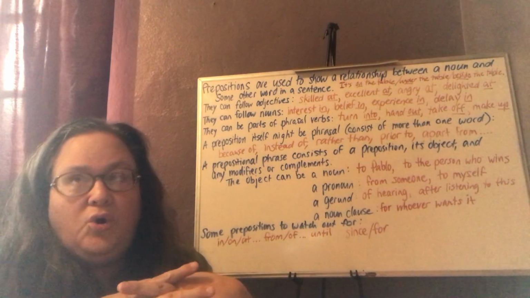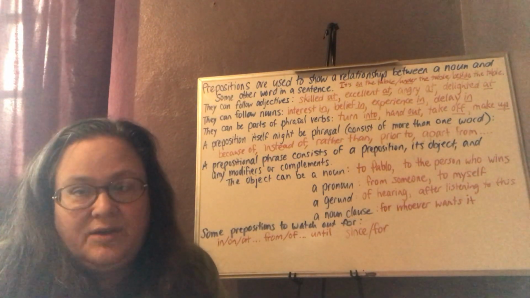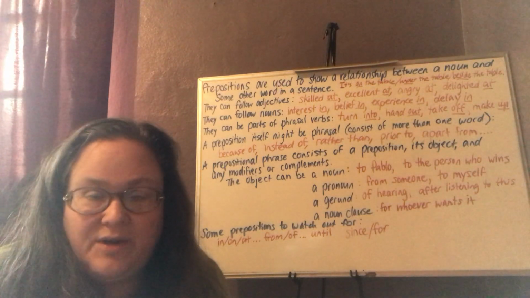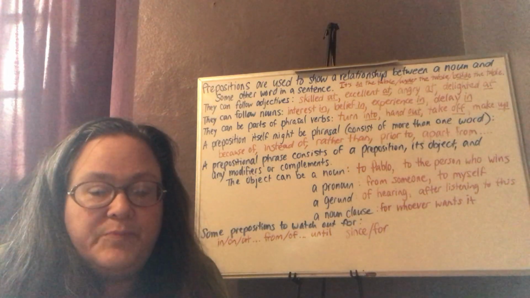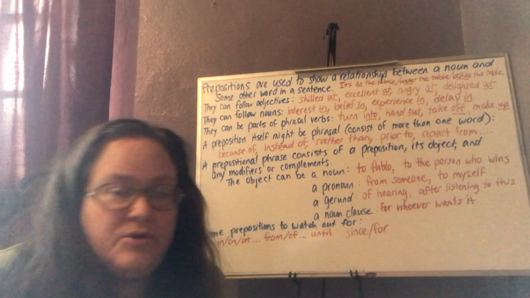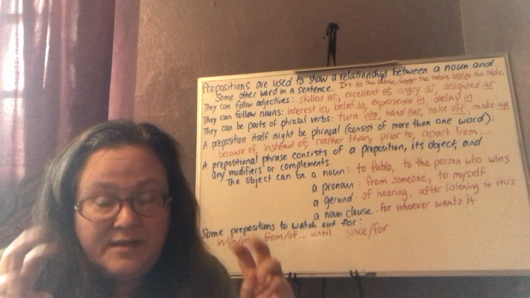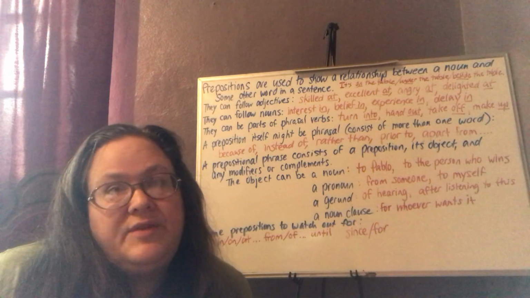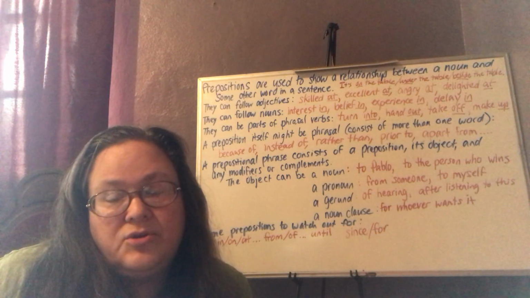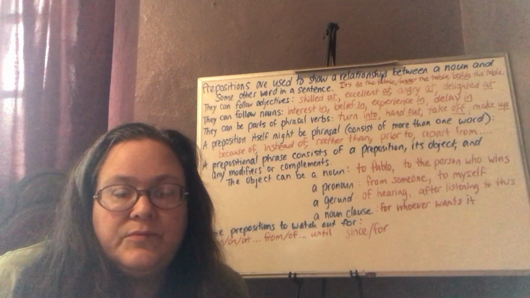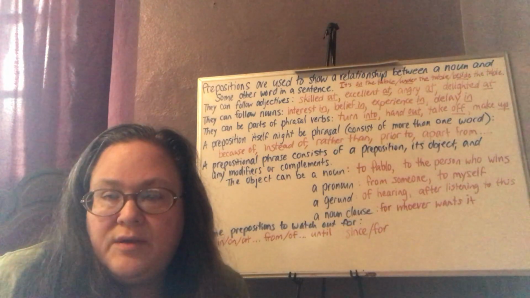Now, another thing that I learned actually in college, and I thought, wow, this should have been taught to me before, is that certain nouns and certain verbs and certain adjectives take certain other prepositions. One example that I have encountered with English language learners is when you're talking about being in love.